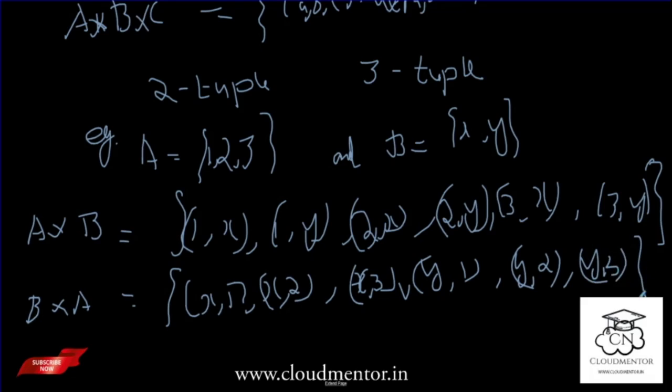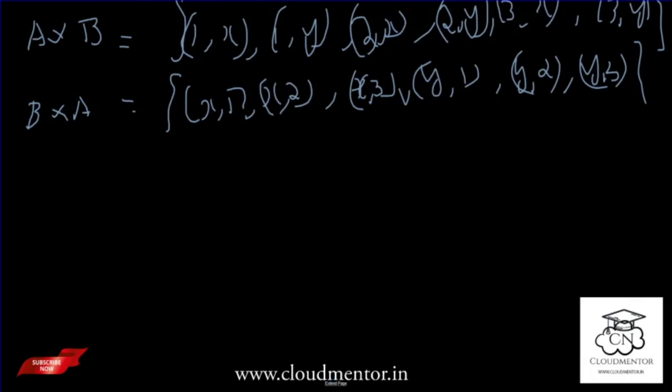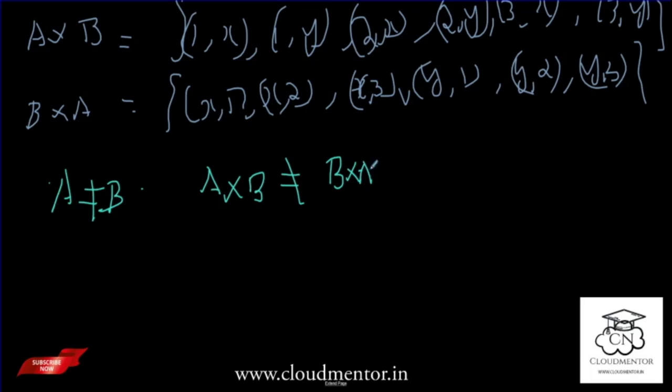So that was that. Note that if A is not equal to B, then A cross B is not equal to B cross A.